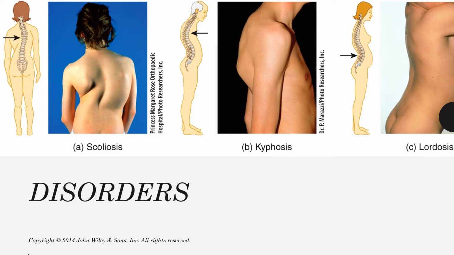Scoliosis, the first one here, is the most common of the abnormal curves, and it's a lateral bending of the vertebral column, usually in the thoracic region, as you can see here, where the arrow is. It may result congenitally.